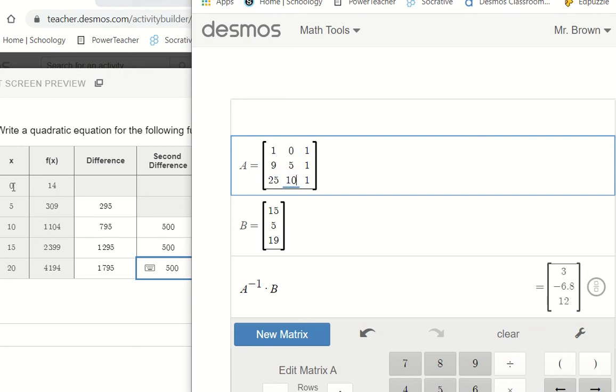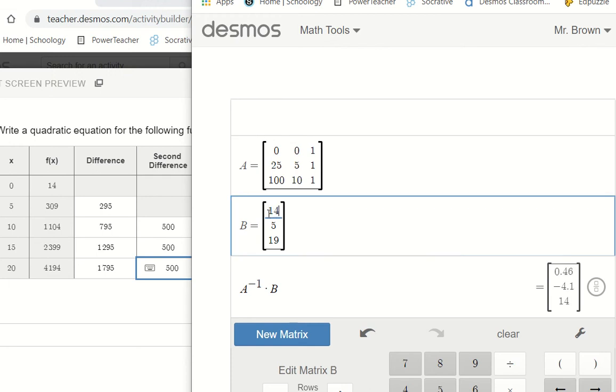Just looking at the far left column here. And then I'm going to use these for my y values. I have to square these first. So 0 squared is 0, 5 squared is 25, 10 squared is 100, and this will be 14, 309, and 1104.